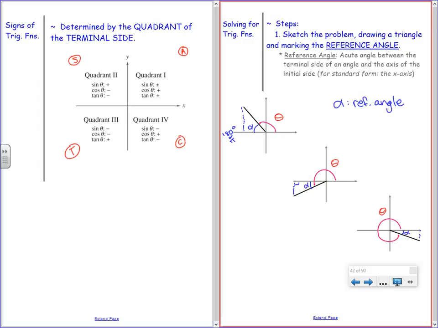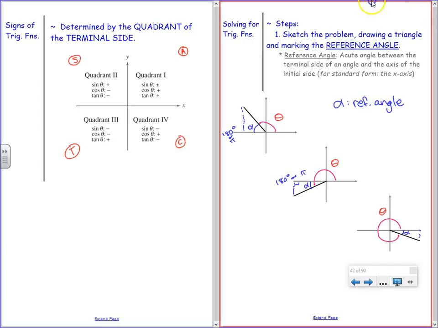If the angle's over here, this line is still 180 or pi, but this will be a little different. We're going to do theta, the bigger one, minus 180 if the angle's in degrees, or theta minus pi if the angle's in radians. Long story short, reference angles are always positive and they're always acute. They're always less than 90.